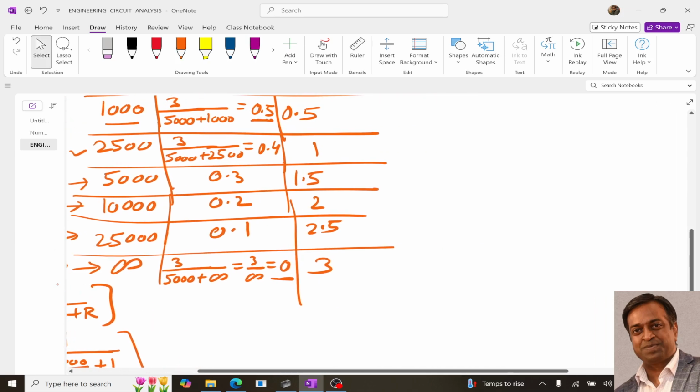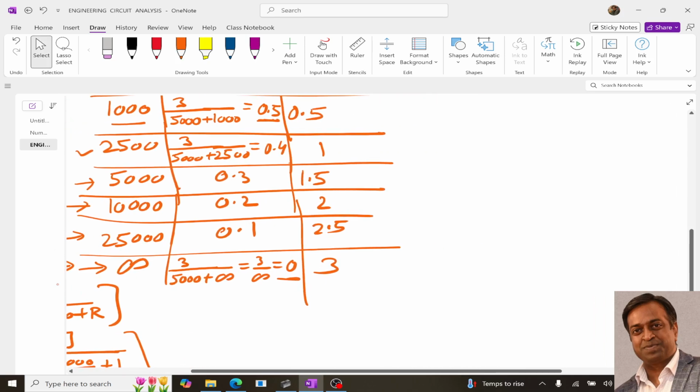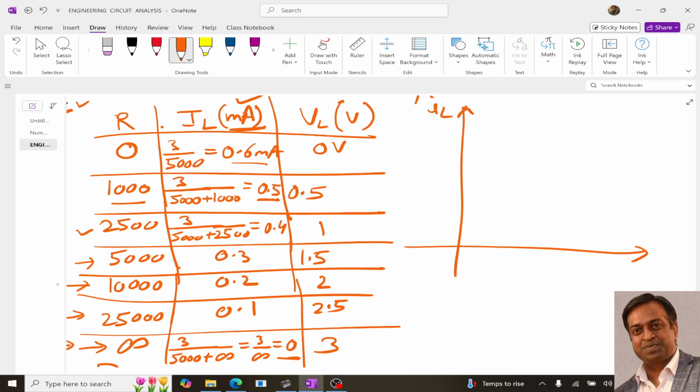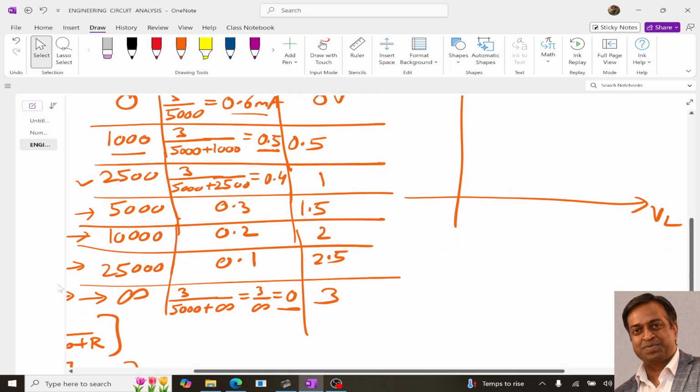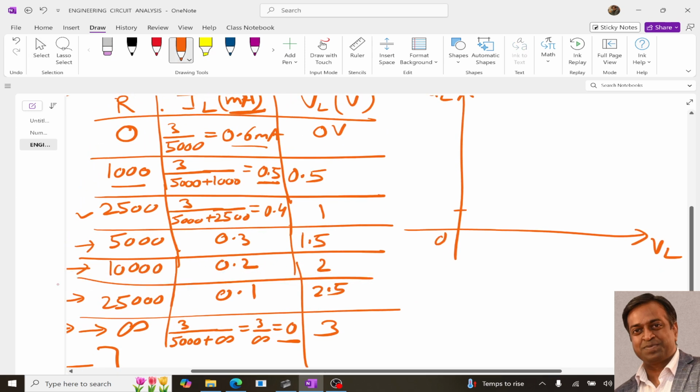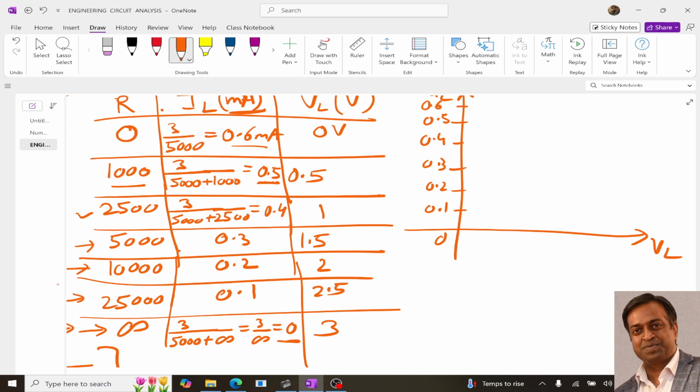Now having these values of IL and VL, we can easily draw the graph between IL and VL. IL is going from 0 to 0.6. So we can have a scale like 0, 0.1, 0.2, 0.3, 0.4, 0.5, 0.6.